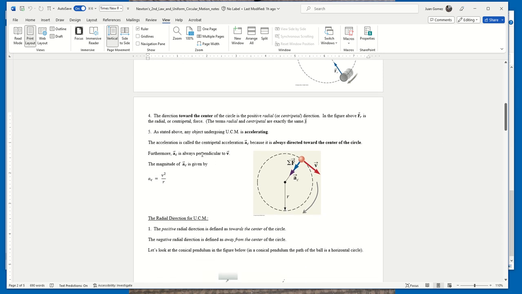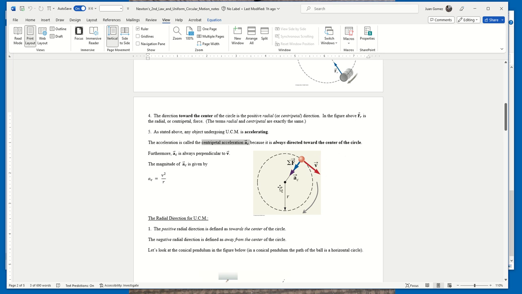Now, remember, any object undergoing UCM is accelerating. Typically we call this acceleration the centripetal acceleration, a with a subscript C. Now, centripetal I prefer to radial because centripetal comes from the Latin for center seeking, i.e. towards the center.